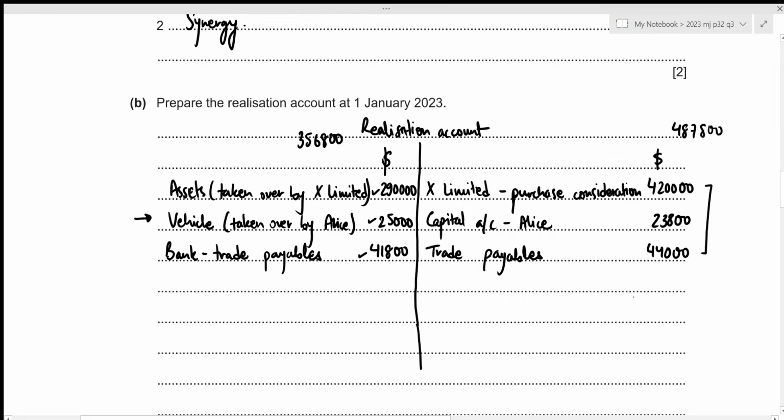So clearly our credit side is higher. So that will be the total for both of our sides. Since the balancing figure will be on the debit side, it actually reflects our profit on realization.